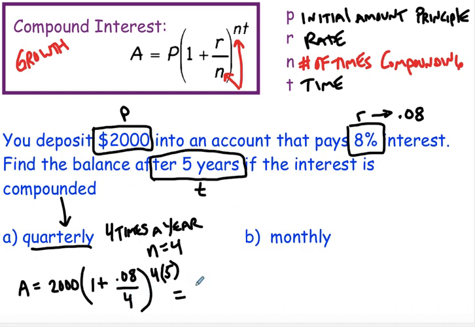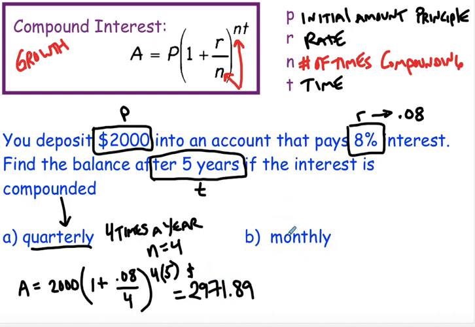Okay, so you get $2,971 and 89 cents. So this is the balance after 5 years. I started with 2,000, now I'm up to almost 3,000. So this is just $971.89. That's basically free money that you're getting for leaving this in an account.